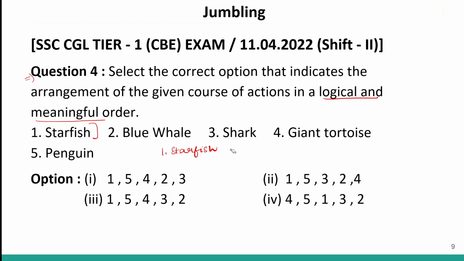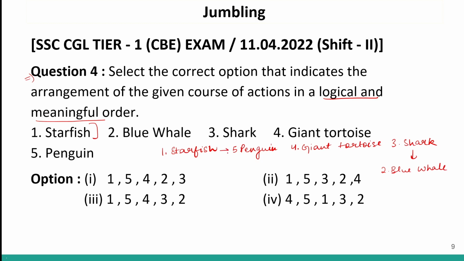Then the second one will be penguin. After that, we'll get giant tortoise. After this, we'll get shark. And after shark, we'll get blue whale, because we know that it is a very big animal.